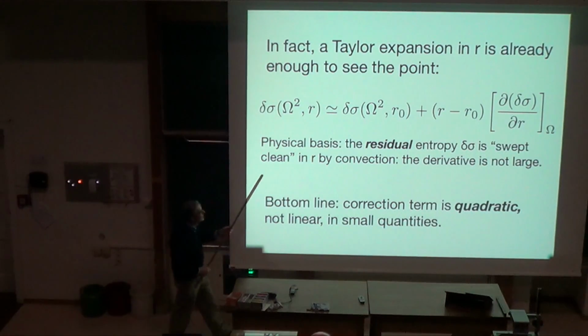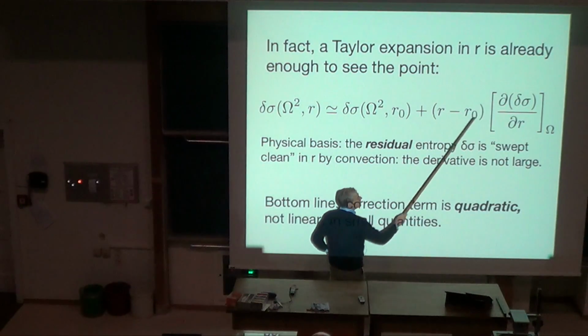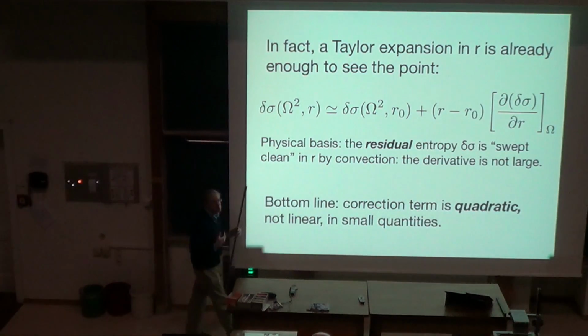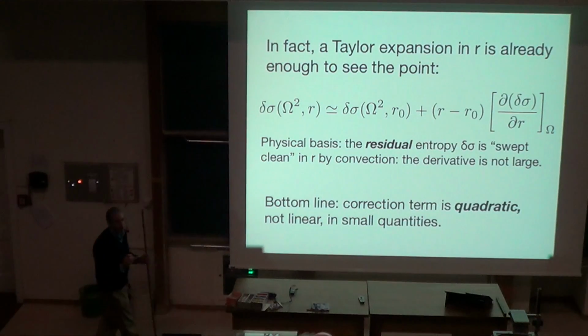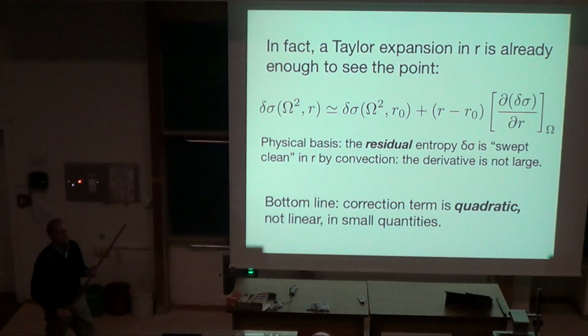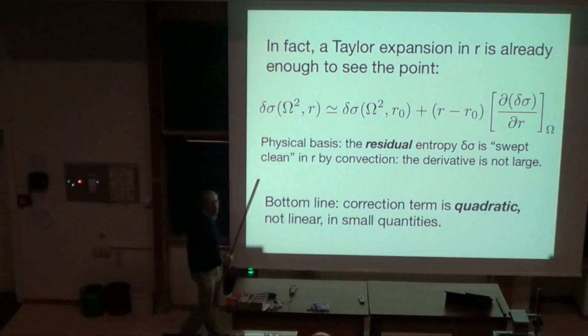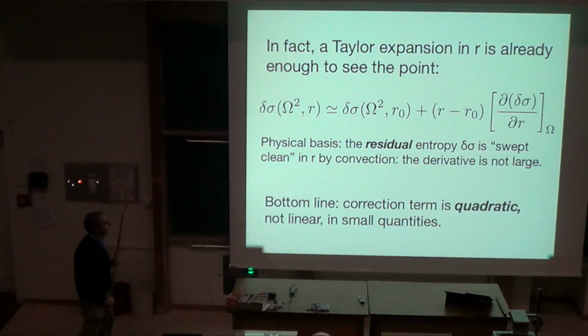The physical basis is that this gradient, we've already said, is going to be small. R minus R0, the convective zone is only 0.3 solar radii. If I'm in the middle and I go to one side, that's only a variation of 0.1 R. So I have a quadratic correction to this, just simply by a straight mathematical argument alone.